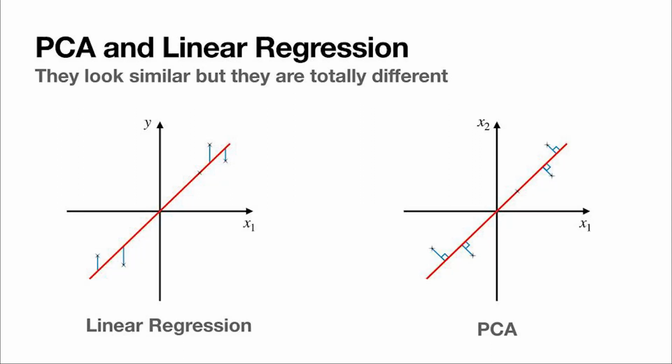Now, if you have studied linear regression, you might be thinking that PCA and linear regression look really similar. They seem similar, but that's the only part. They are totally different algorithms. One is a supervised learning algorithm where you are trying to predict a numerical output.